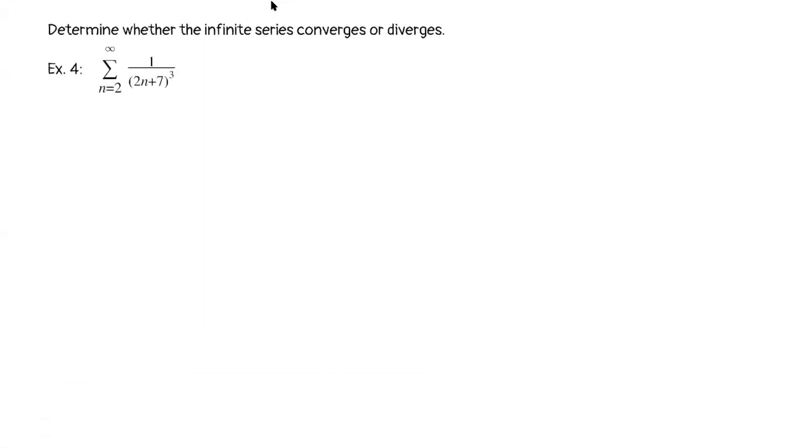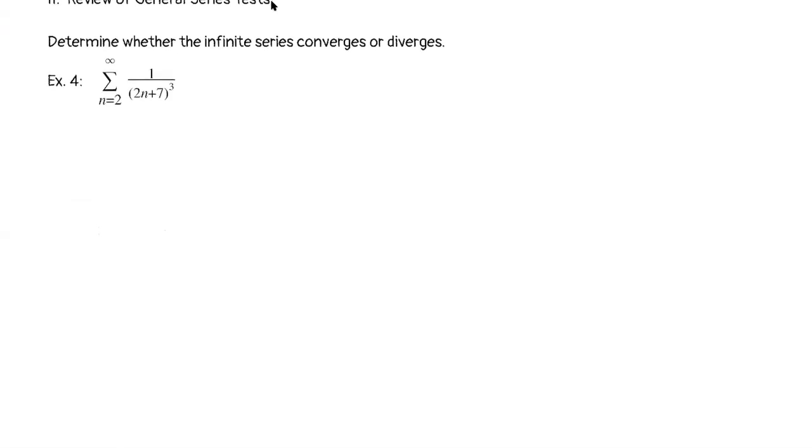So we're going to take a look at example number 4. We've got this infinite series of 1 over 2n plus 7, all raised to the 3rd power. You can choose a lot of the different tests, but when I look at this one, the two that jump out to me are the integral test and maybe the comparison test.